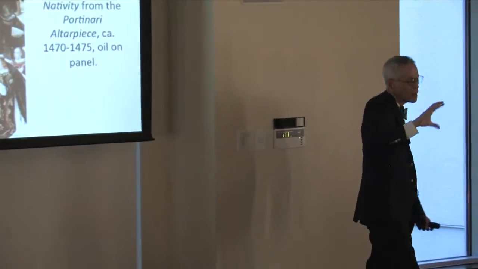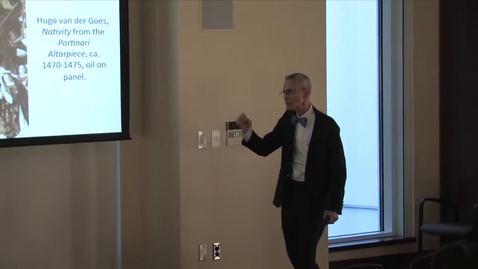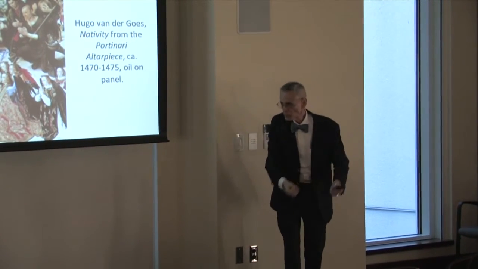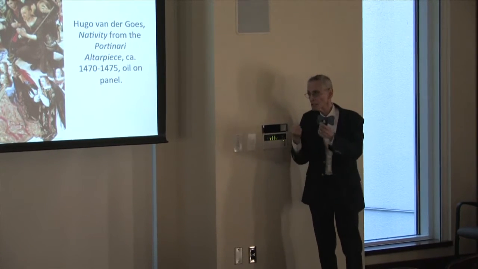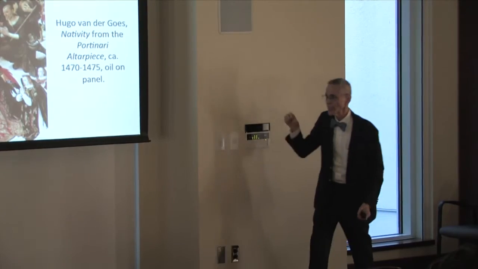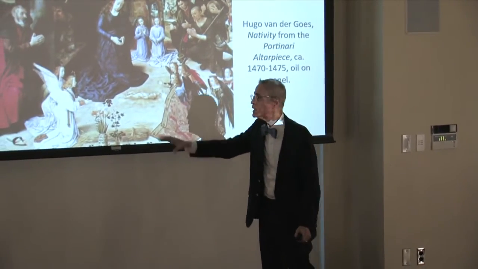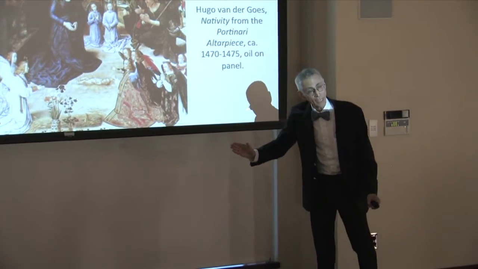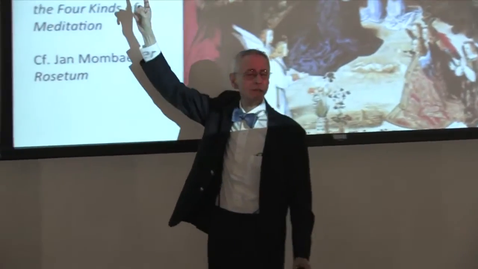And basically, the modern devotion was an attempt to make monastic culture available to the laity, available to relatively well-educated members of the non-clerical community. It gets going intensively in the Low Countries and the Rhineland in the 14th century, and Hugo van der Goes in the 15th century was an adherent to the modern devotion.